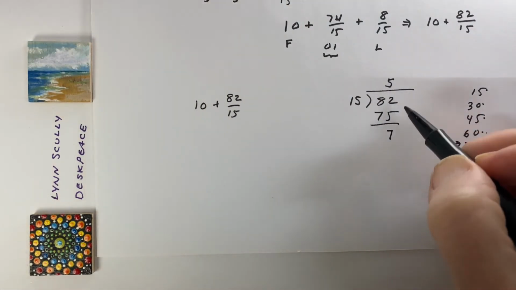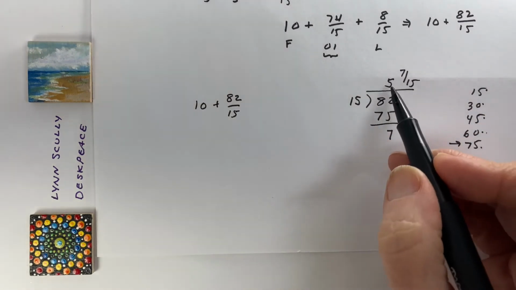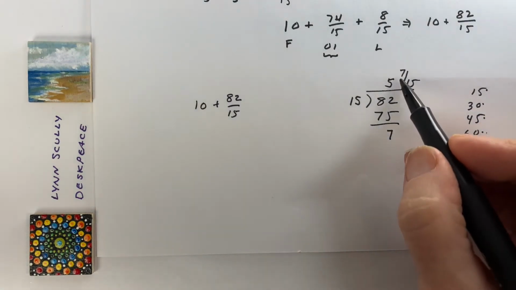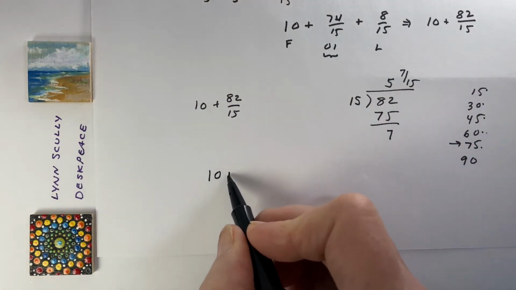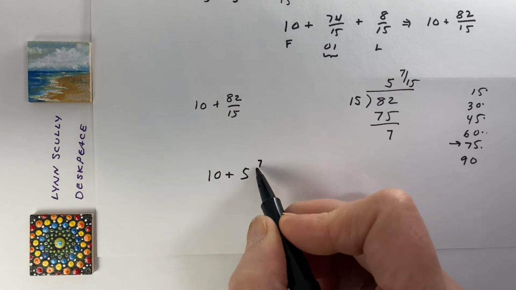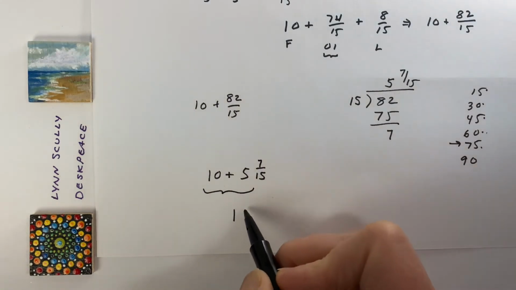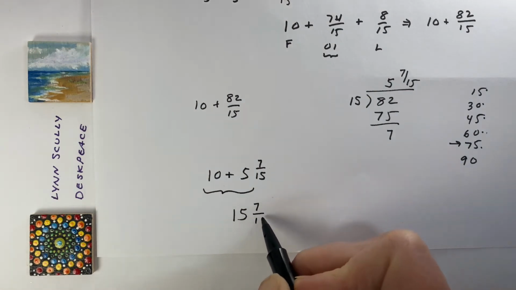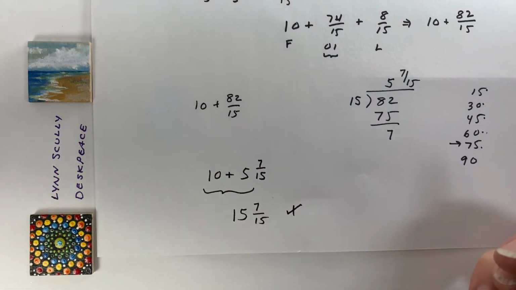So I always take the remainder, put it over whatever I divided by. So I have 5 and 7/15. Usually I write a slash like this, so that was sloppiness. So I have 10 plus 5 and 7/15. Add the whole parts, 15 and 7/15. And I'm done. Let's try another one.